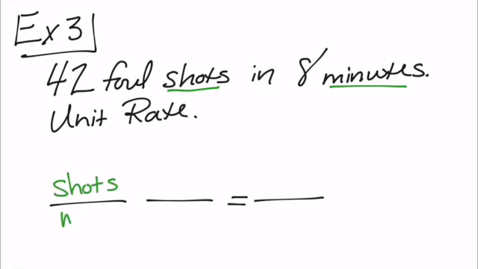So those are your two labels. Those are the two amounts we're comparing. The middle bar is for the information in the problem, which is 42 foul shots. That has to go with the foul shots at 8 minutes. And now you're going to pause the video and you are going to finish the rest. And when you get your answer, go ahead and hit play and let's see how you did.